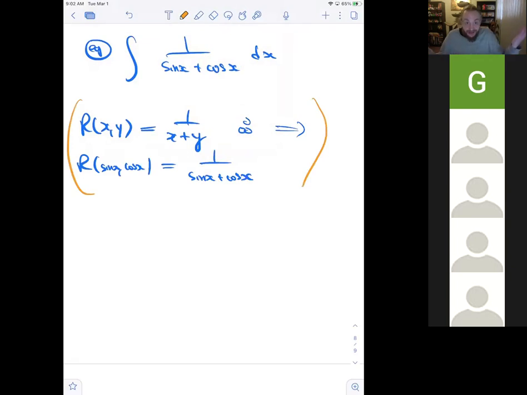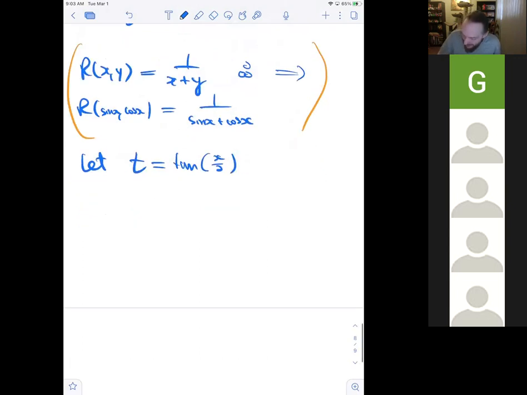If I want to integrate this thing now, how am I supposed to integrate this thing? The clever idea is to use Weierstrass substitution and these clever trigonometric identities. So what we're going to do is an inverse substitution: we're going to let t equal tan of x over 2. And why are we doing that?